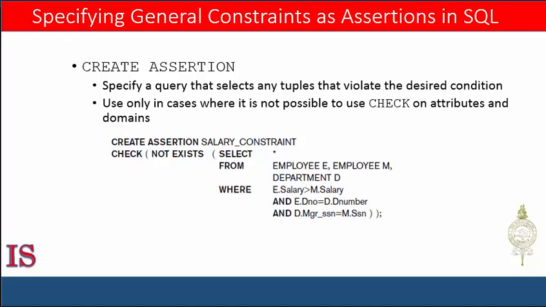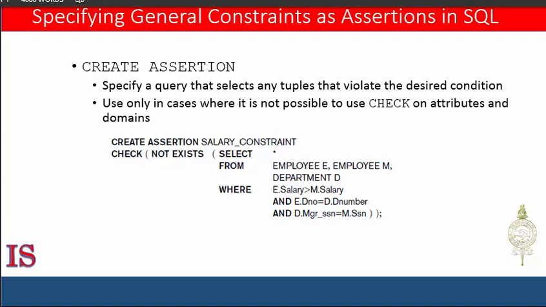In SQL, users can specify general constraints that do not fall into any of the categories described previously via declarative assertions. This is done using the create assertion statement of the data definition language. Each assertion is given a constraint name and is specified via a condition similar to the where clause of an SQL query.